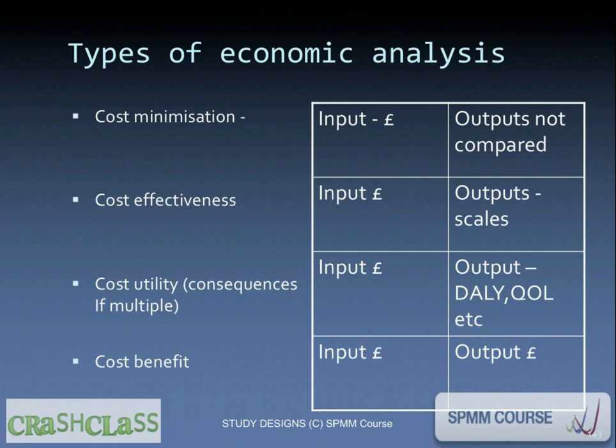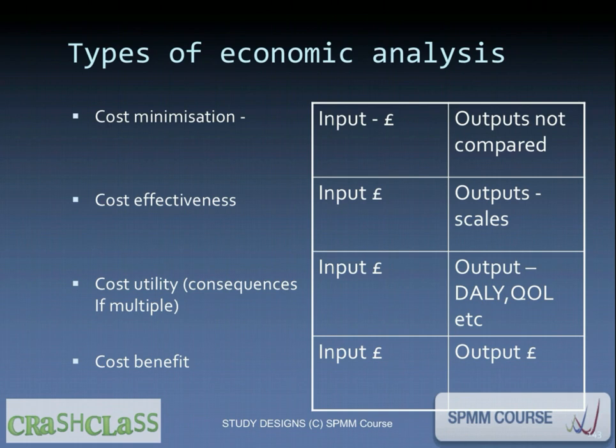Okay, so if you include inputs in money, but if you estimate outputs in terms of the utility, the usefulness, using some utility scales, for example, DALY, QALY, quality of life scales, then that kind of analysis is called cost utility analysis. So in principle, cost effectiveness and cost utility work similarly.